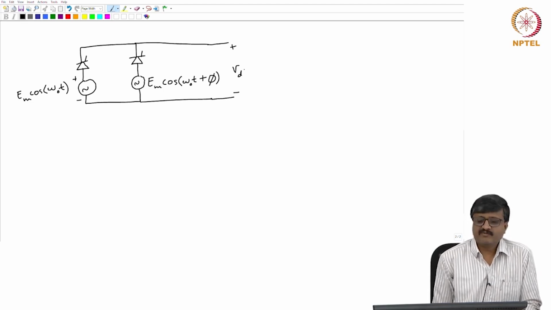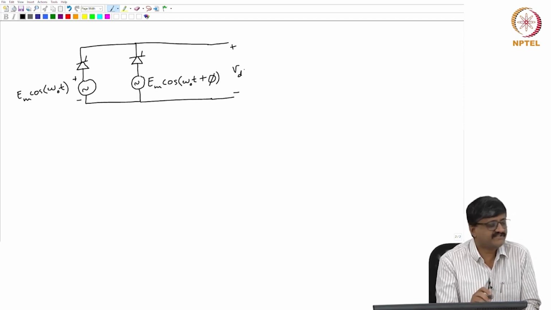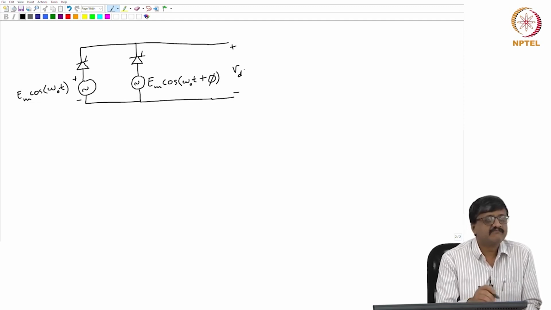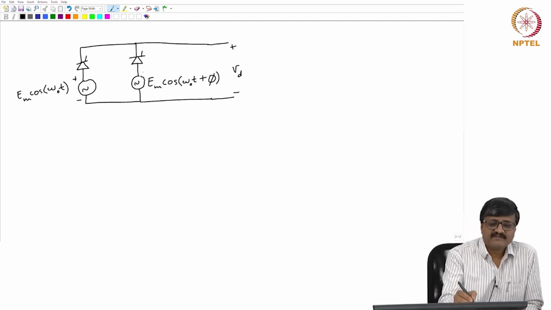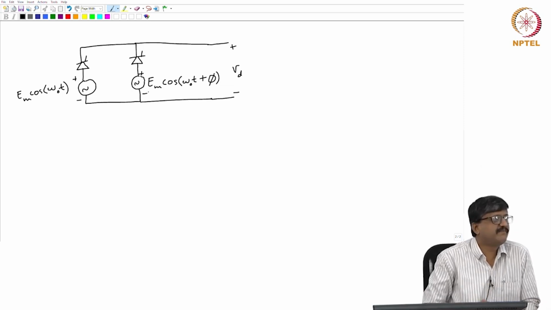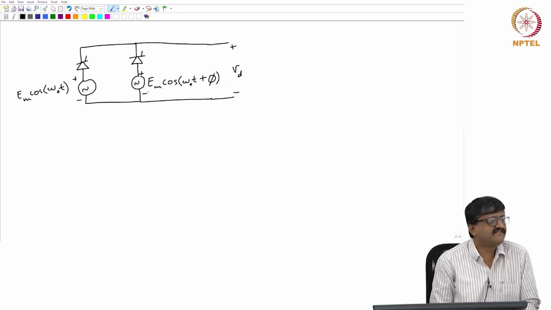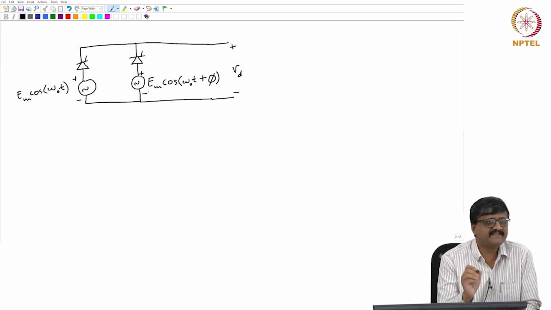Now, the question is, what should be this phi? What is an obvious choice for phi? Suppose this first voltage is Em cos omega O t. What is the obvious choice for the second voltage that I have here? It should be shifted by 180 degrees. Now, my intention is I should get some sort of symmetry in the DC side voltage.